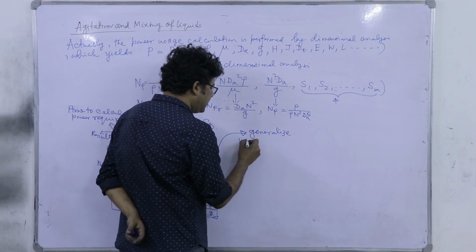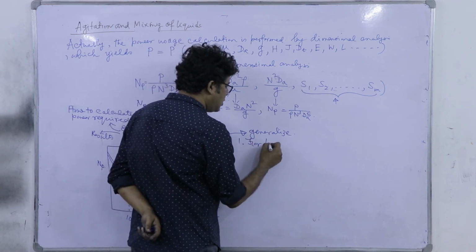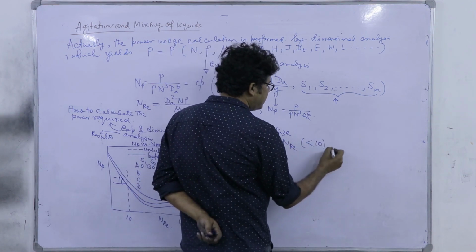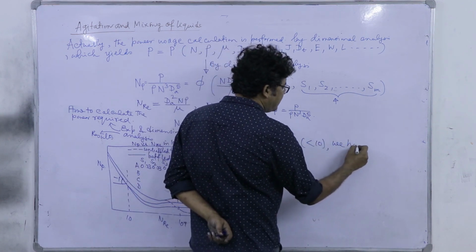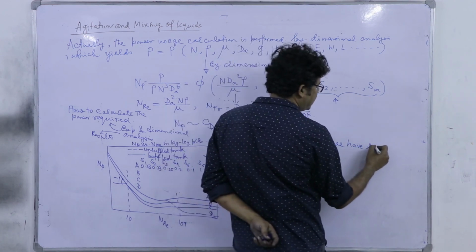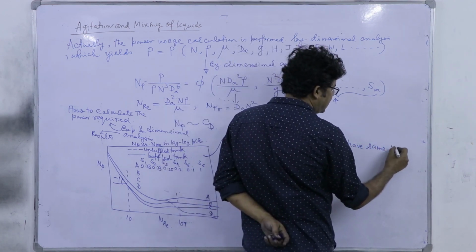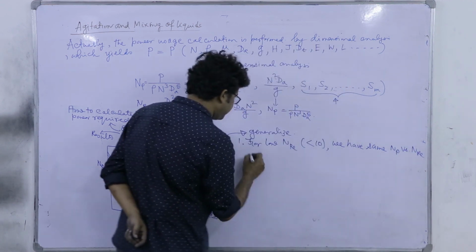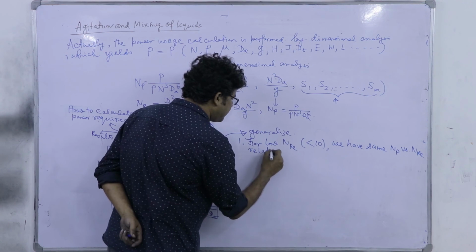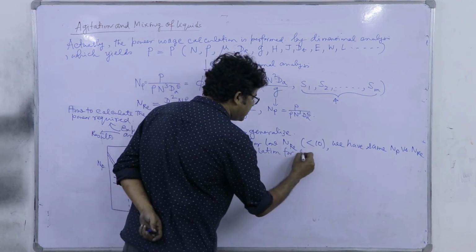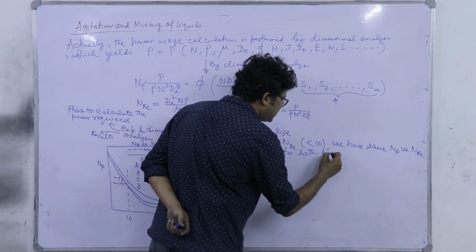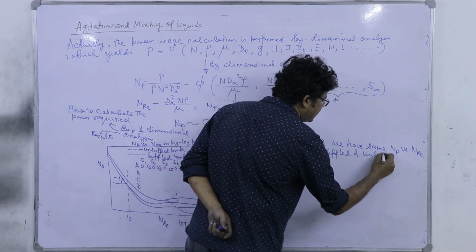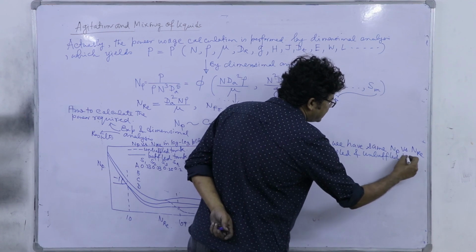Observation 1: for low NRE less than 10, we have the same NP versus NRE relation for both baffled and unbaffled tanks.